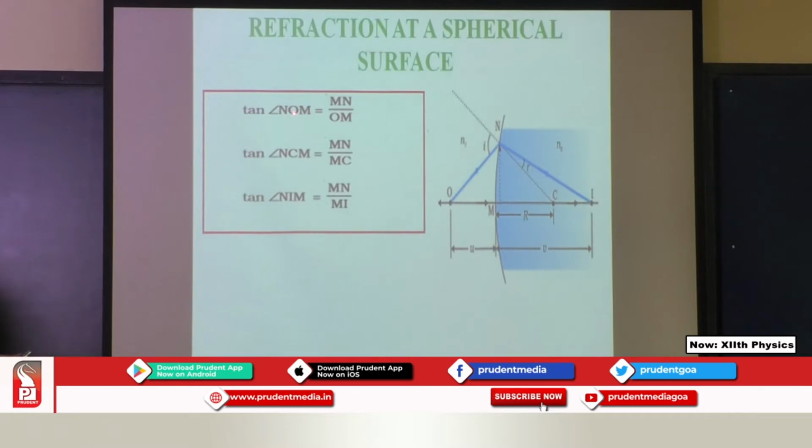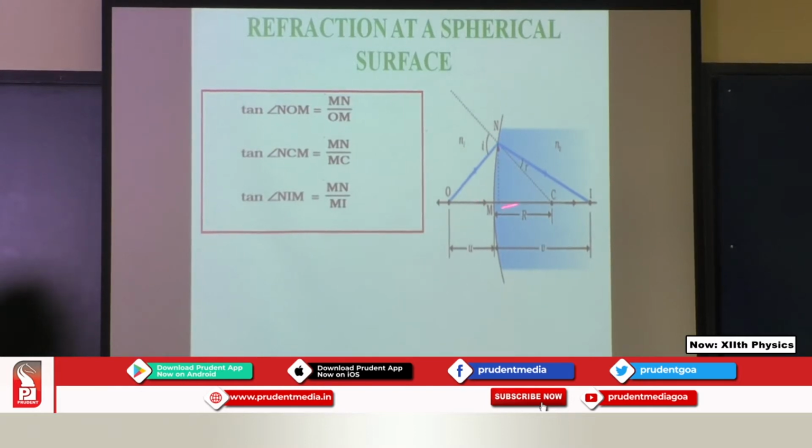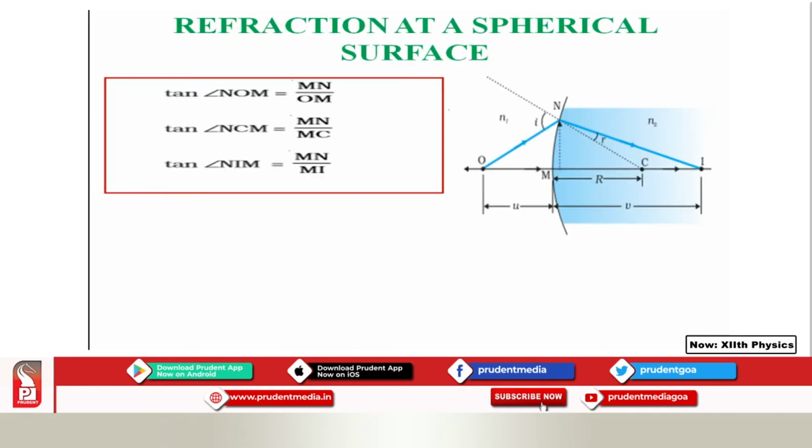We know the tan of each of them. The first, NOM, will be NM upon OM, which is written over here. NCM is NM upon MC, and NIM is MN upon MI. So when we start off, we just take the tan of the three angles.